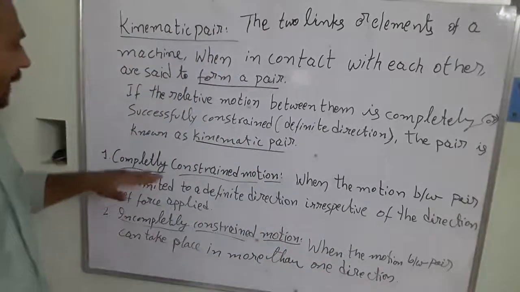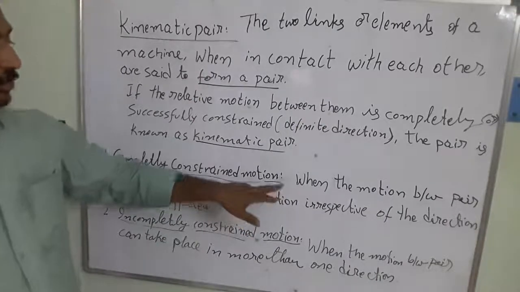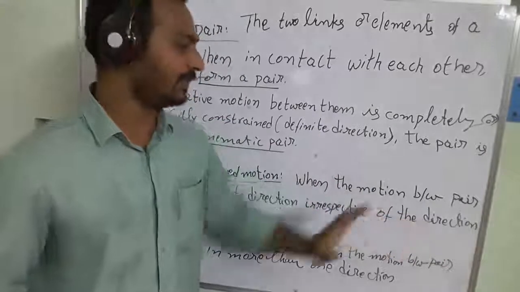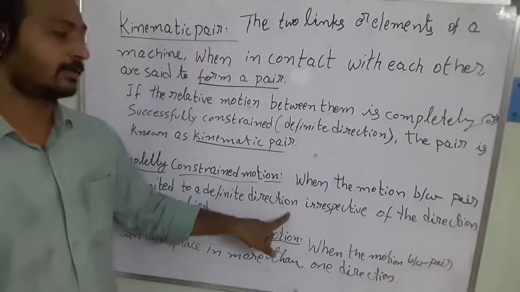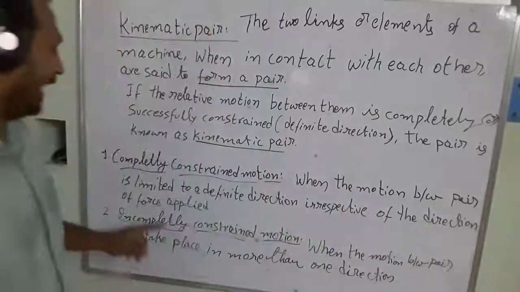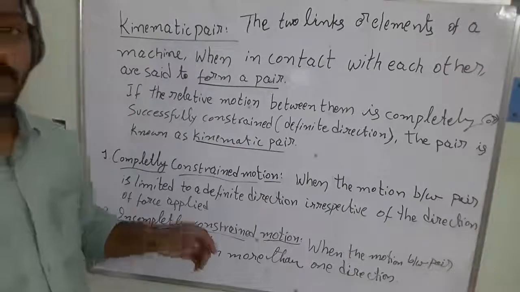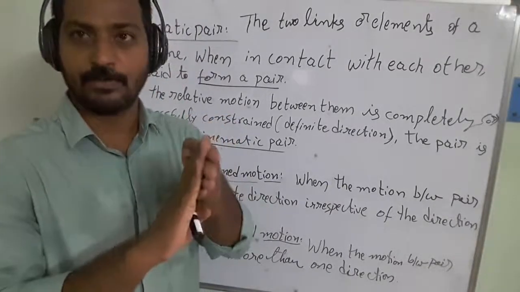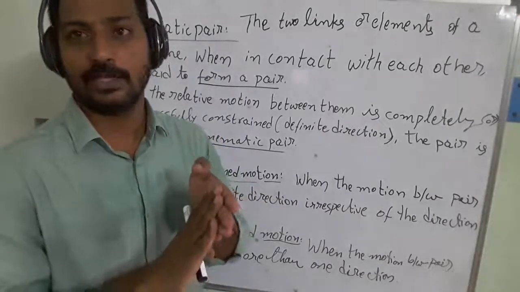So, completely constrained motion: when the motion between the pair is limited to a definite direction, irrespective of the direction of force applied. Is it clear? When two links are connected, we can say the pair's motion is well defined and limited within that range.